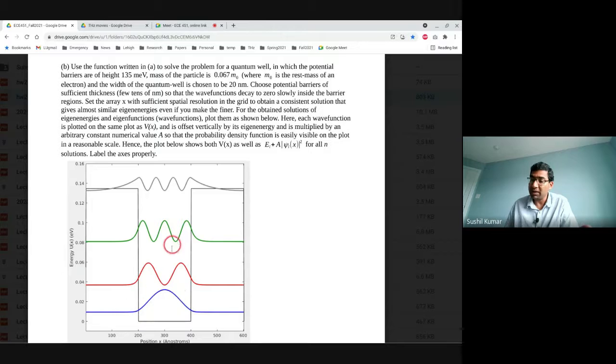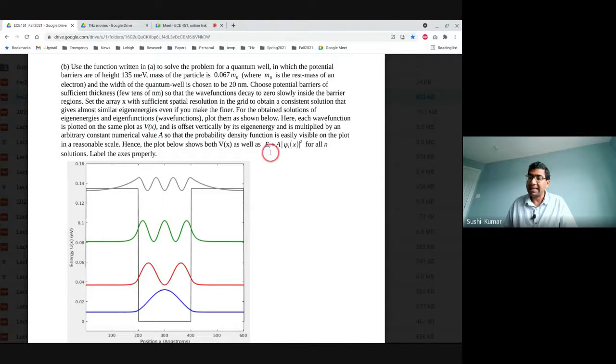So what's being plotted here is actually not the wave function probability density, which is wave function magnitude squared, but some multiple A times that wave function magnitude squared, plus that energy to shift it all upwards, because the wave function does go to 0 as it goes into the barrier. So this value, for example, for this red wave function is 0, but it's not being plotted as 0, right? It's plotted as close to 0.04 in this case.